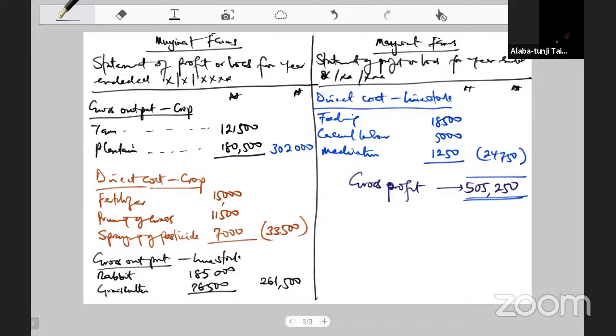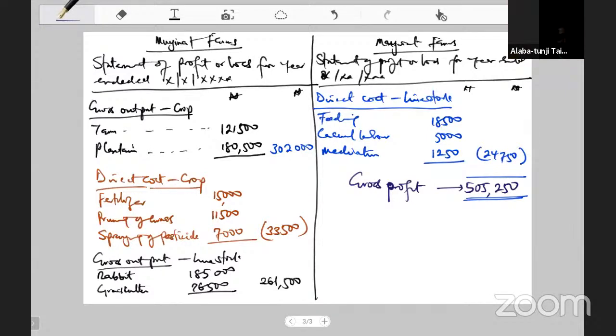Good morning. Sir, as regards the regular labor for livestock, it's being specified that it is added to direct cost. Regular labor is not directly related, it's like saying general labor.